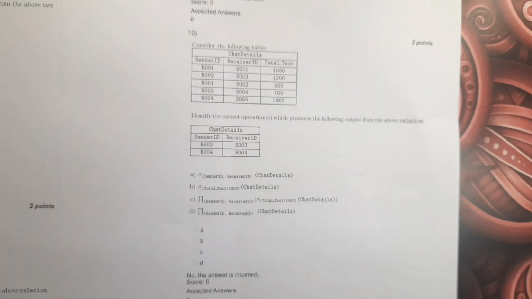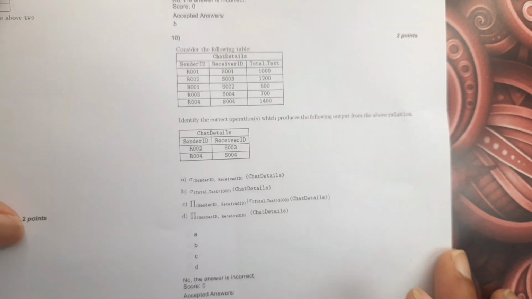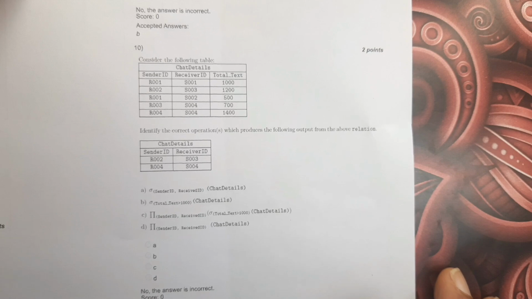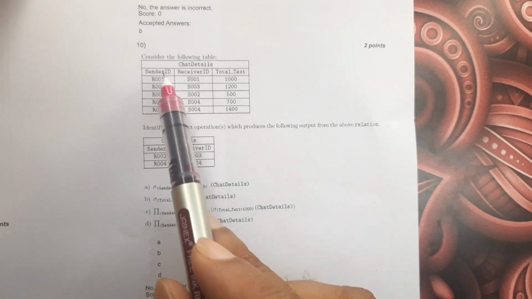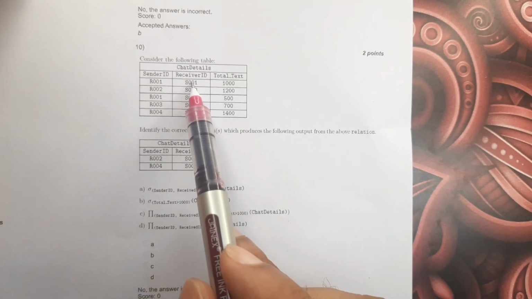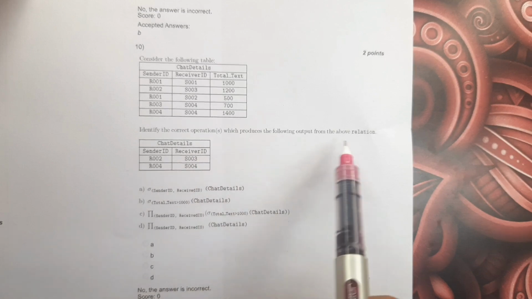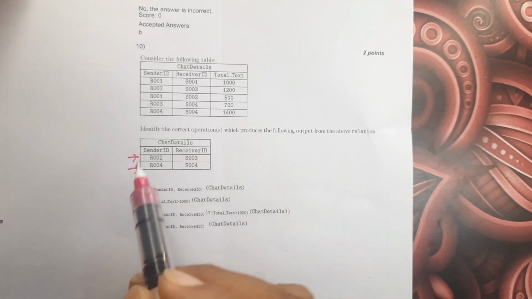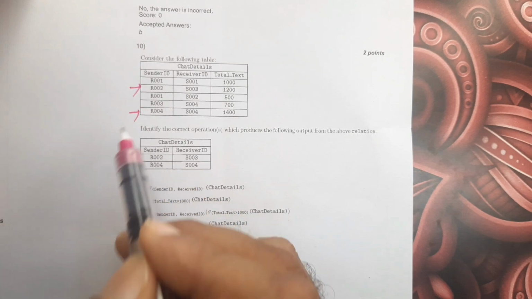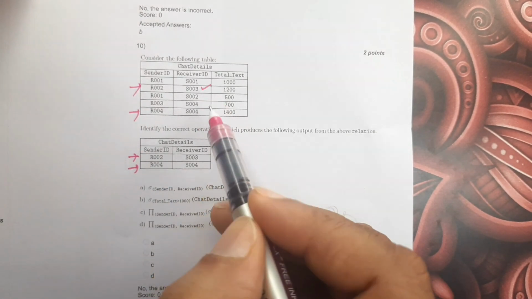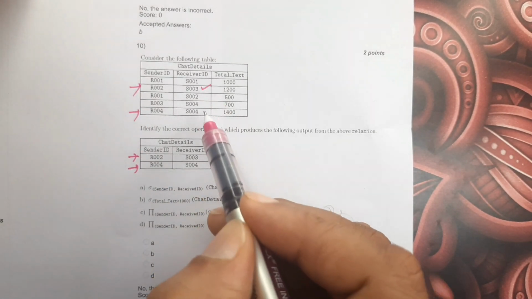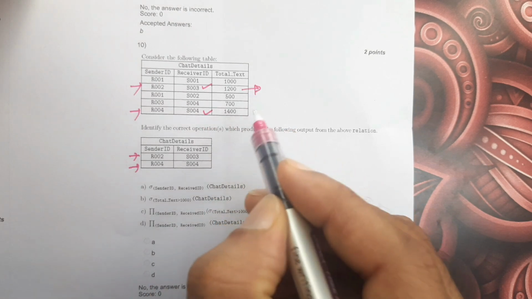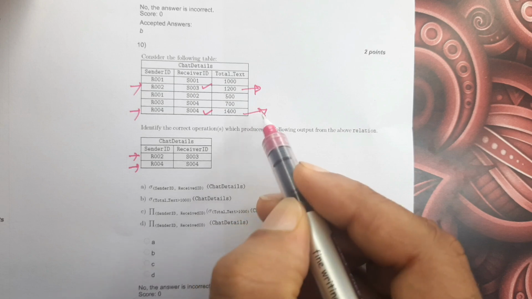Moving on to the next question, question number 10. We are going to have sender ID, receiver ID, text name. Identify the relation which produces the following. They have given R02, R04, S03 as well as S04. So it produces only 1200 as well as 1400.